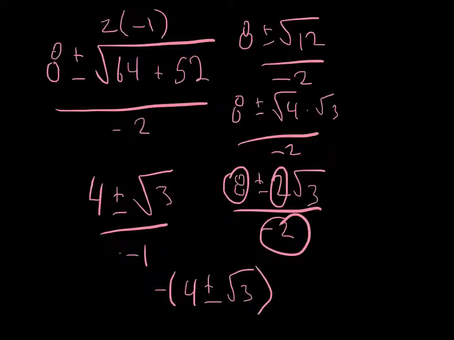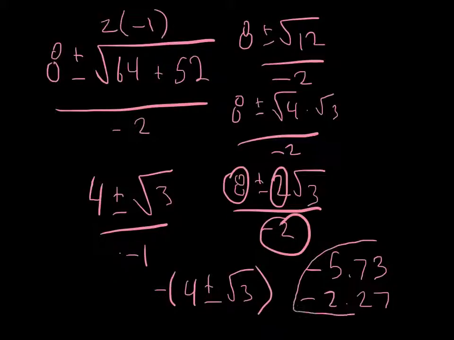So when we plug that into a calculator, we get the two solutions of negative 5.73 and negative 2.27. So these are our x-intercepts.